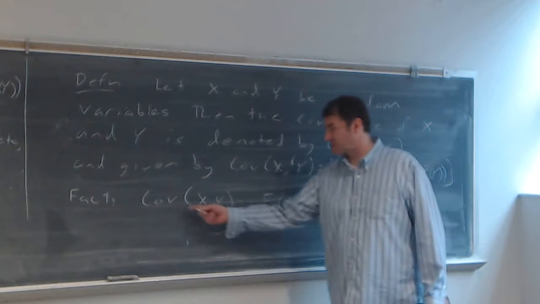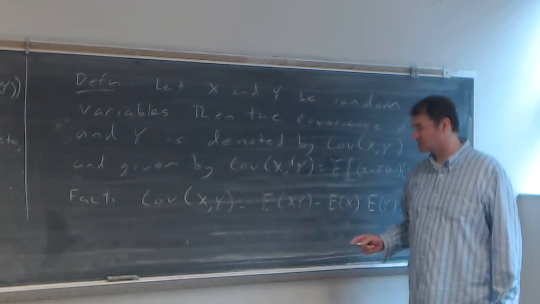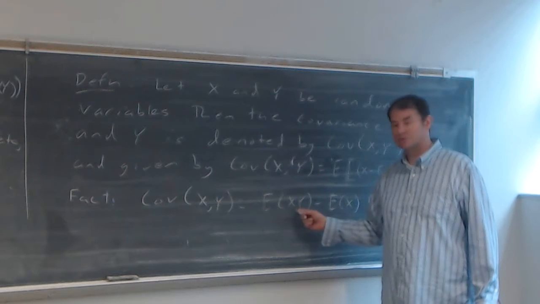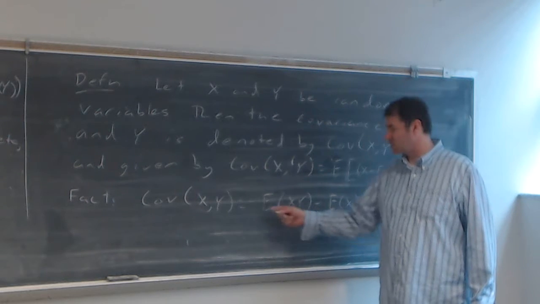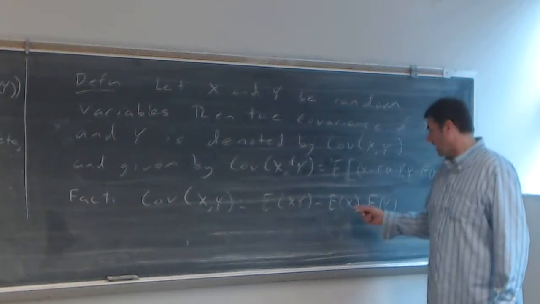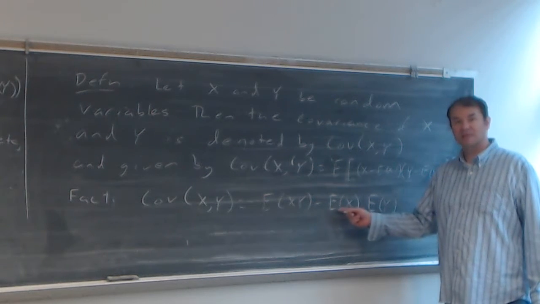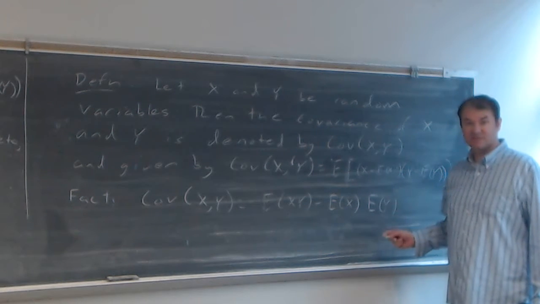Same thing as the variance of x. But you see the covariance has a formula that's very similar to the variance. So remember the variance of x involved the expected value of x squared, which is x times x. So here when we've got two different random variables, we multiply them together. And then remember in the variance formula for x, the last part was the expected value of x times the expected value of x. Here we have the expected value of x times the expected value of y. Well, let's prove this.